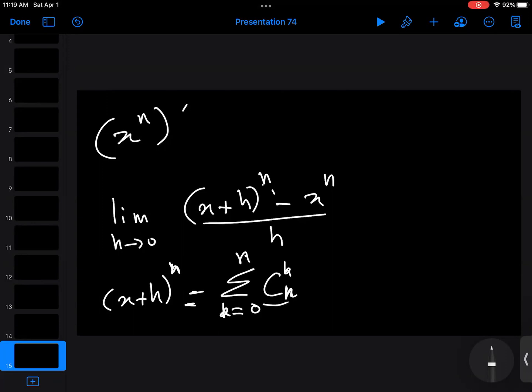I don't need all the numbers, so I will not explain that in detail. I just explain what I need exactly. I will write it as h to the power k times x to the power n minus k. Now if you look at k equals 0, C(0,n) is 1, and C(1,n) is n.